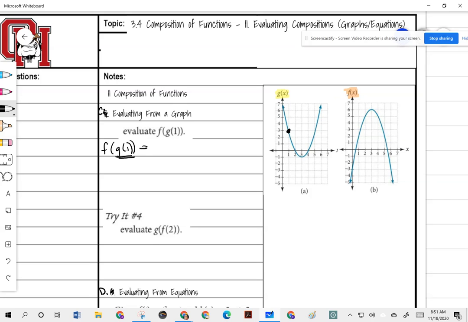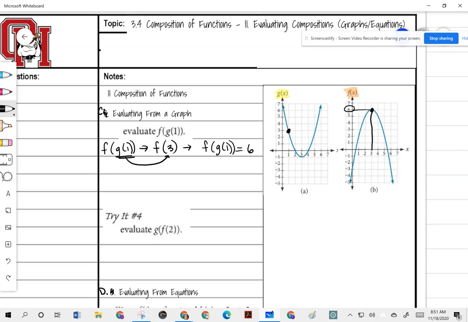So what that means is that 3 becomes the input of f. So now I take the x on the f function and I go up and I am looking for that value, and that value right now is 6. So the proper way to write that is f of g of 1 is equal to 6.